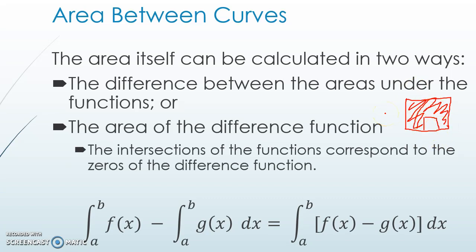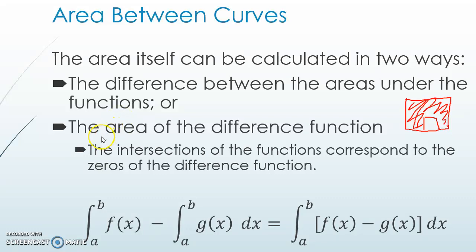So that's one way that we can work out the area between the two functions. When we're doing that, we find the integral of the first function, find the integral of the second function, and take one away from the other, just like we did when we found area under curves.